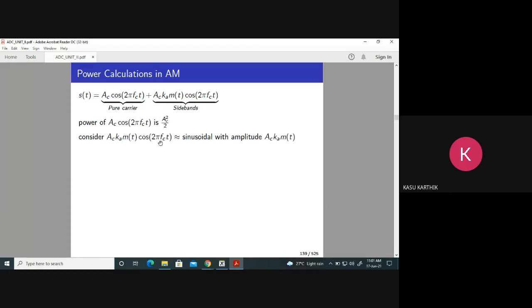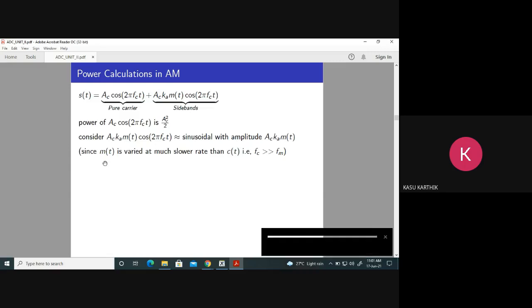Compared to cos 2 pi fc t, m(t) is varying very slowly. So that's why I'm assuming m(t) as some kind of constant. Now this would be the amplitude of this cos 2 pi fc t. Since m(t) varies at a much slower rate than c(t). What is the reason? fc is much more than fm.